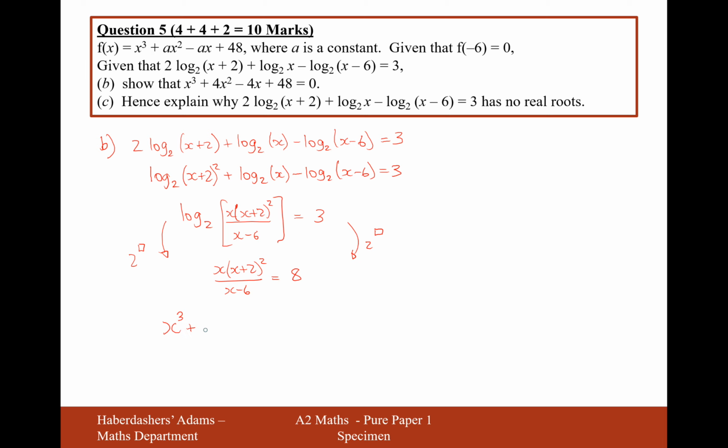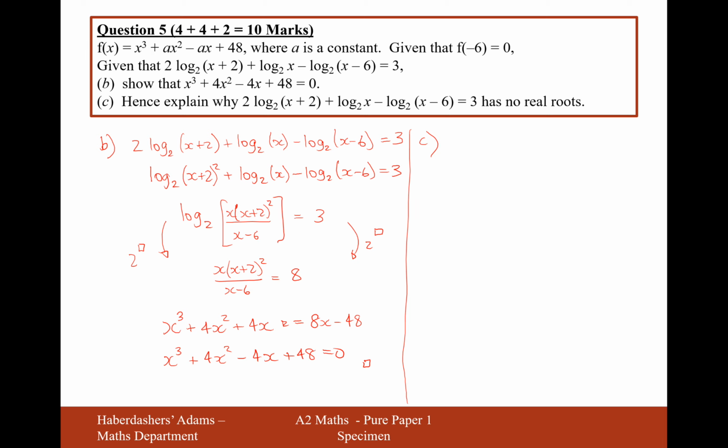X cubed plus 4x squared plus 4x equals 8x minus 48. So now let's take away 8x from both sides and add 48 onto the other side, and we get x cubed plus 4x squared minus 4x plus 48 equals 0. Lovely. So there we are, we've proven that part B is true.